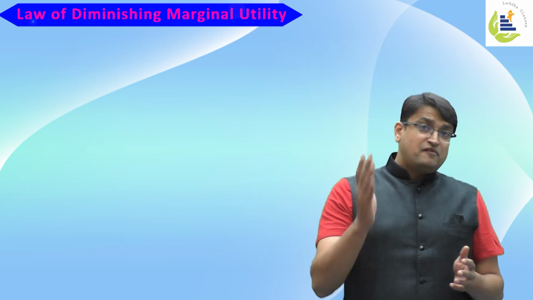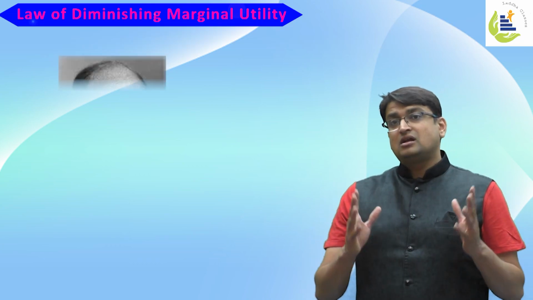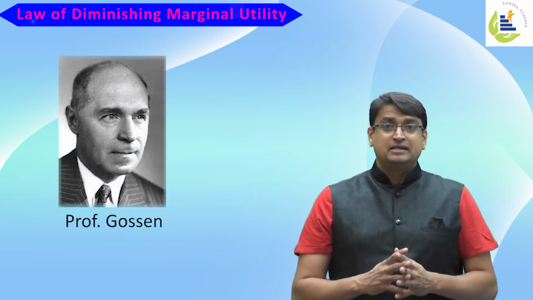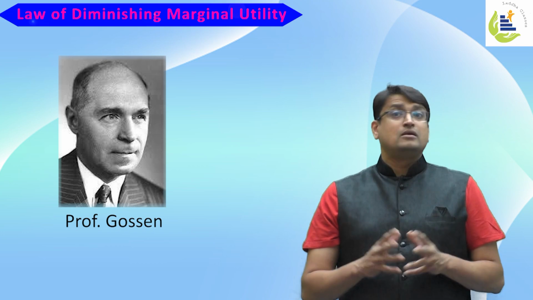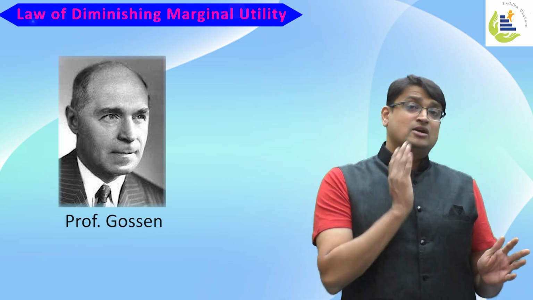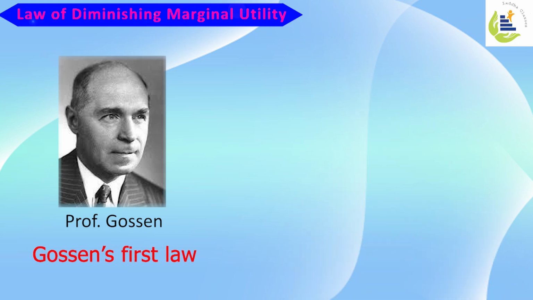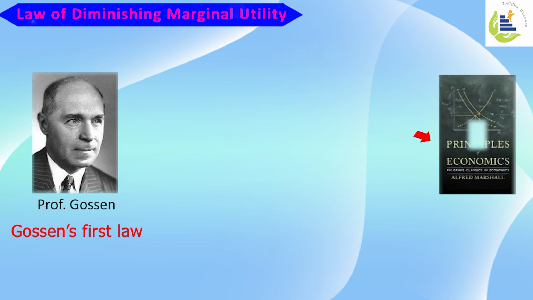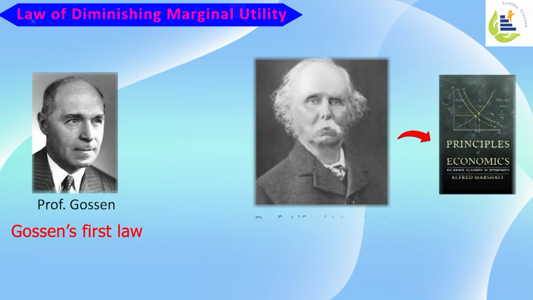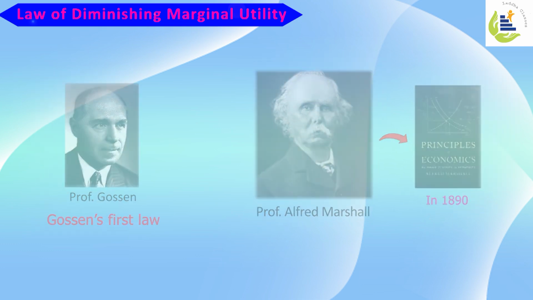This law was first explained by Mr. Hermann Heinrich Gossen. That's why it is also called Gossen's first law. Later on, in the book The Principles of Economics by Mr. Alfred Marshall in 1890, this law was defined.